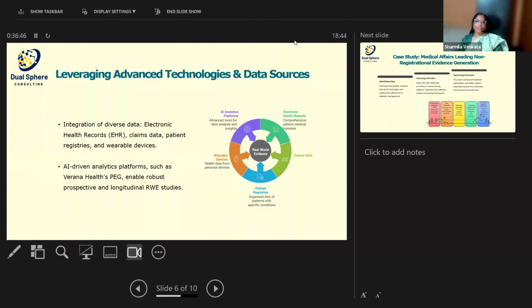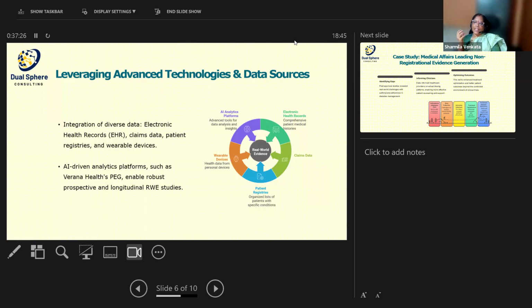Okay, so as we know, today we have the ability to combine multiple data sources to get a much richer, more continuous picture of patient care. We can integrate electronic health records, claims data, patient registries, and wearable devices. The EHR captures diagnoses, prescriptions, lab results, imaging, and clinical notes from everyday practice.